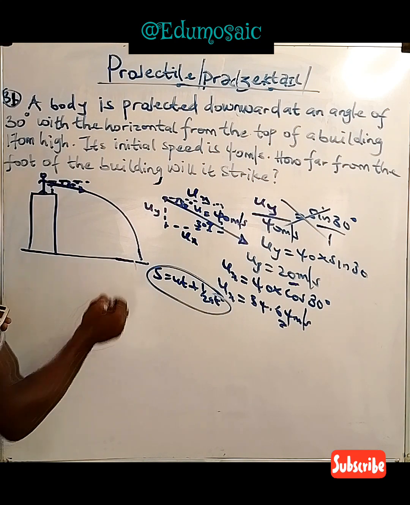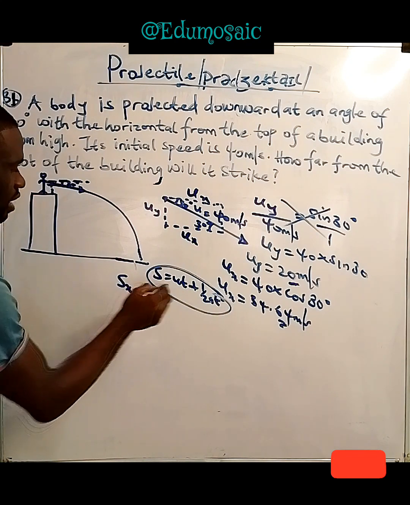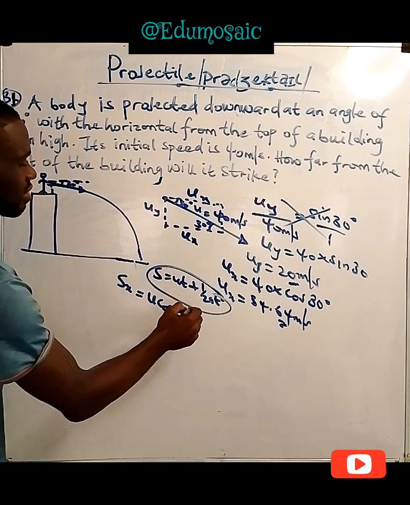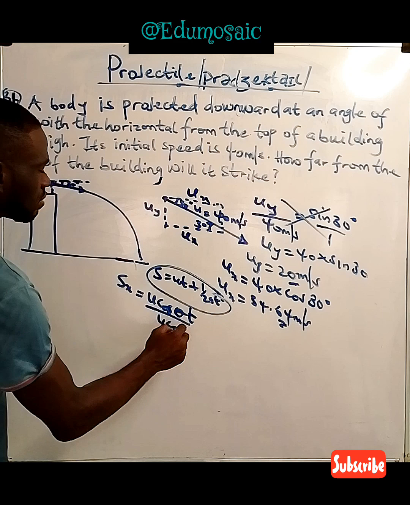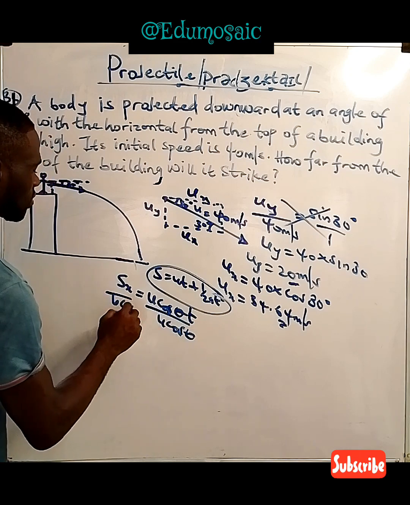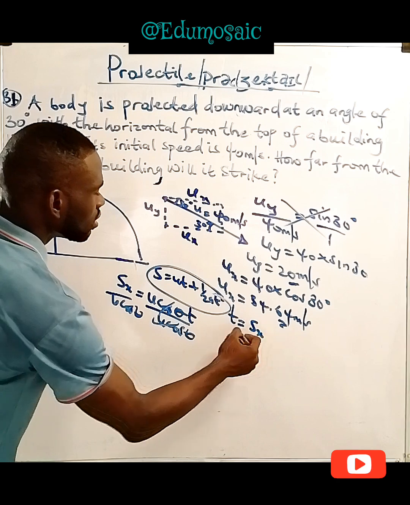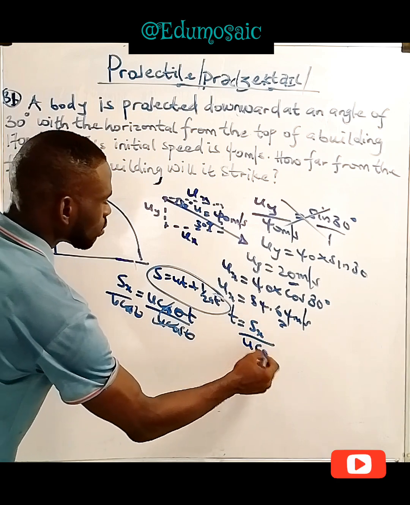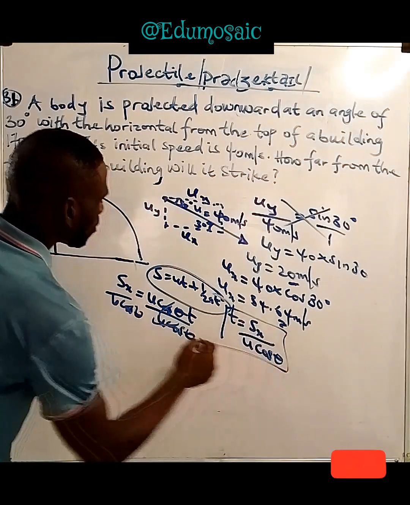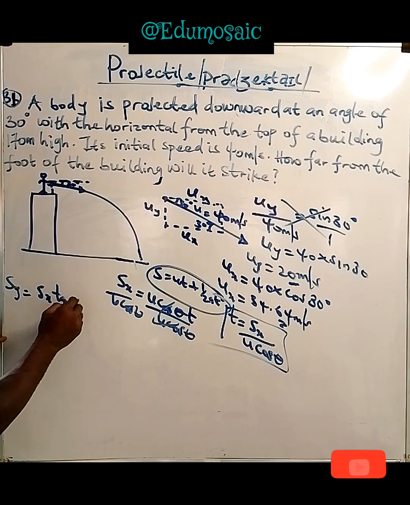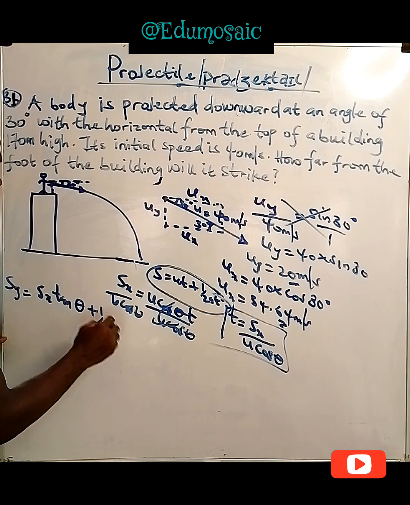So don't forget that the distance along the x-axis will give us u cos theta, the initial speed along the x-axis, times time. So dividing both sides by u cos theta, we get the time. Along the y-axis, there's the same time, so we're going to have the distance y equals x tan theta, plus 1 over 2 gravity.